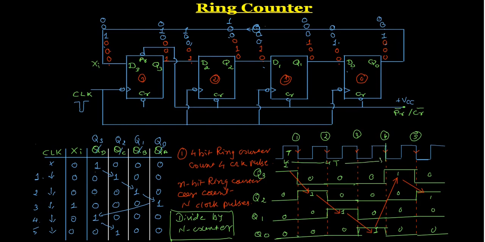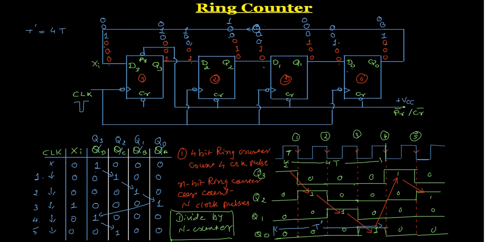And correspondingly, if we see the output, this time period is going to be T dash. This is my T dash and this is the clock pulse T. So what is the relation between these two? Easily you can see that T dash is equal to 4T.